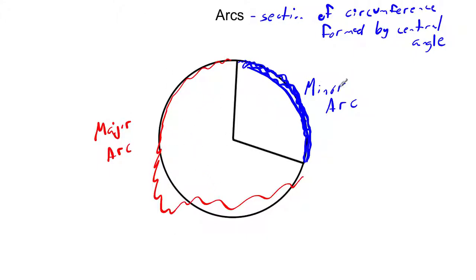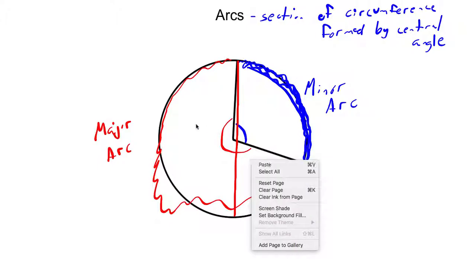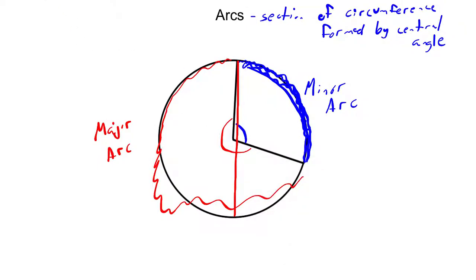The minor arc is smaller, so we call it the minor arc. So this central angle is smaller than this central angle, and that's why we say this is the minor arc, because the central angle is smaller. So we're going to have at least two arcs, and if it's split right down the center 50-50, then we just have two semicircles.